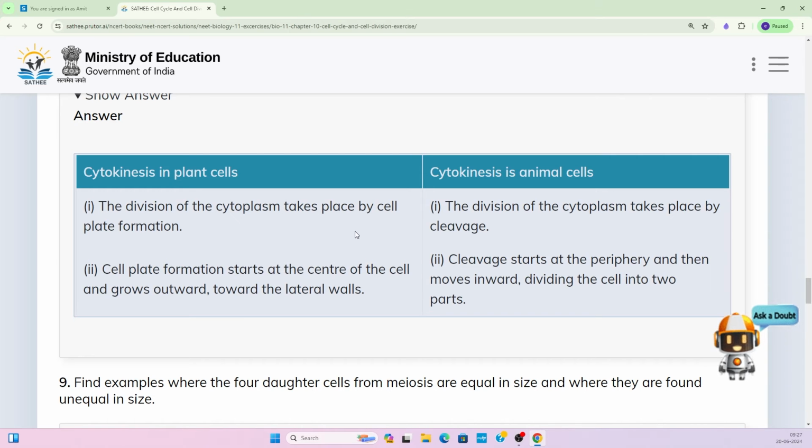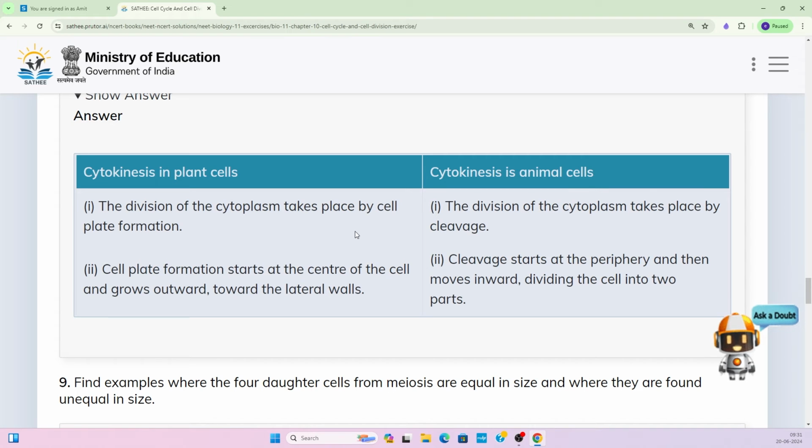The division of the cytoplasm takes place by cleavage. The plasma membrane forms the cleavage furrow and moves inside, reaches the center, and then the cell gets divided. So here the cleavage is responsible for the division of the cytoplasm, whereas in the plant cell, the cell plate formation takes place and divides the cytoplasm into two.